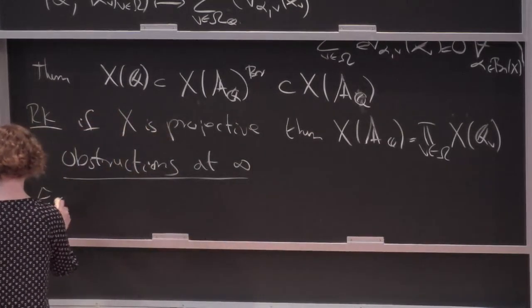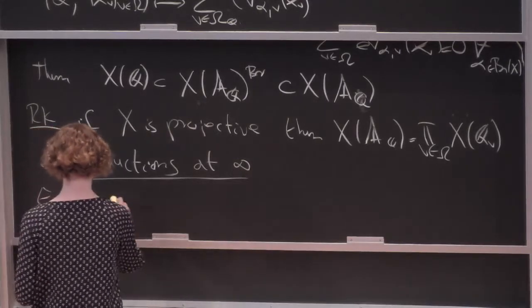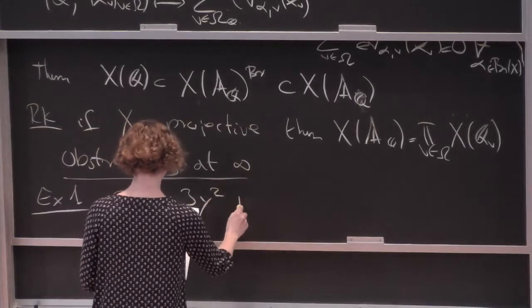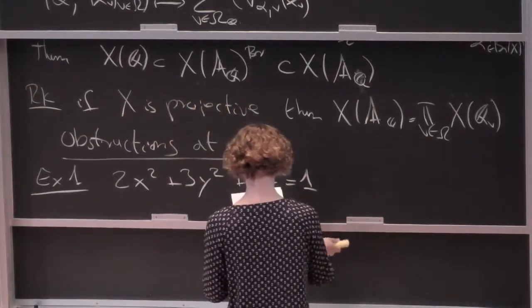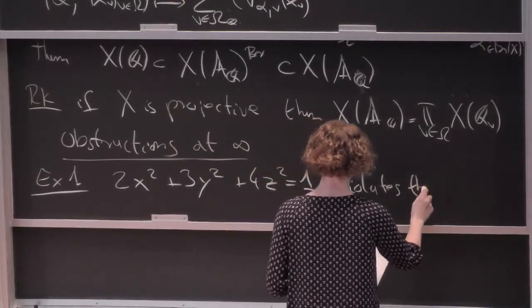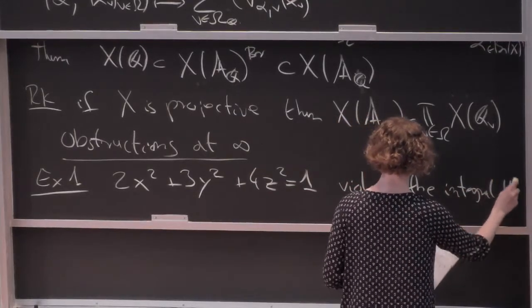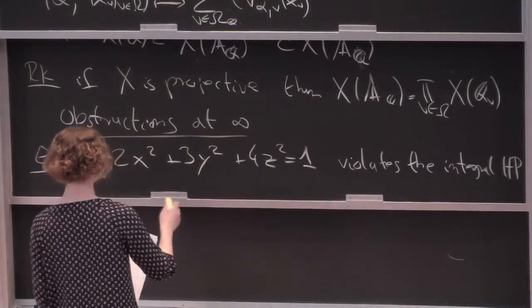So let me start with the first example: 2x squared plus 3y squared plus 4z squared equals 1. This violates the integral Hasse principle, and the violation can't be explained by any Brauer-Manin obstruction.